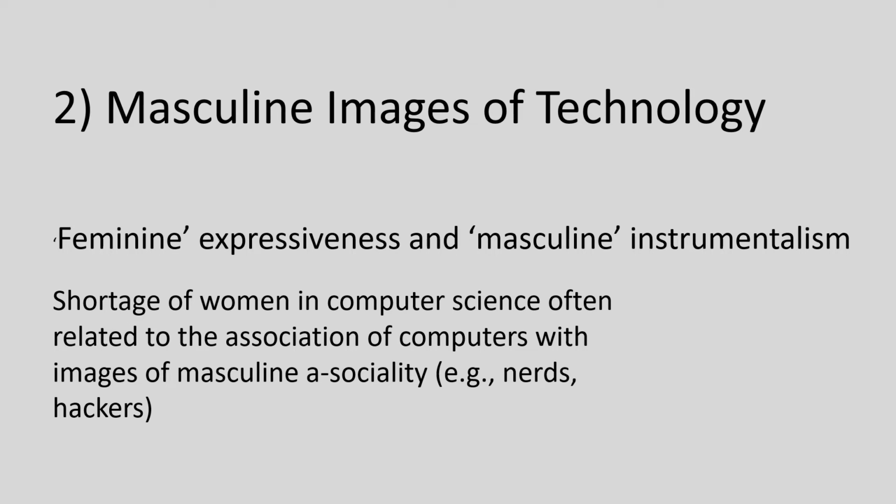The familiar social image is that people who are interested in computers and programming are either nerds or hackers, they're asocial, they work alone, they're not groupy, they don't join groups and do things together, they're very much loners.